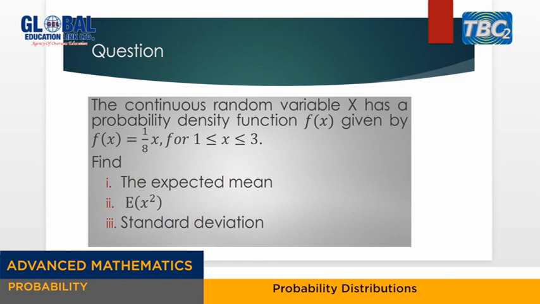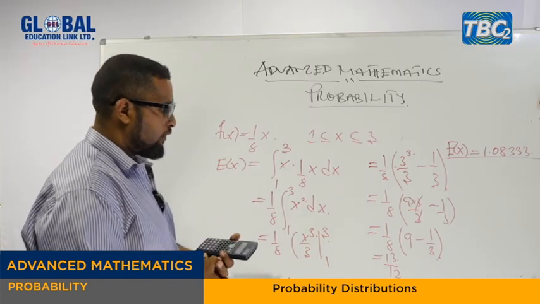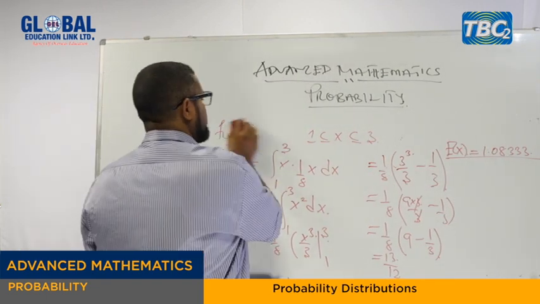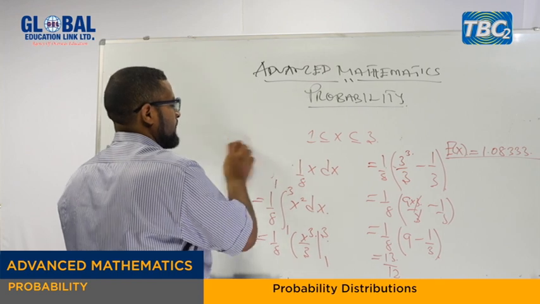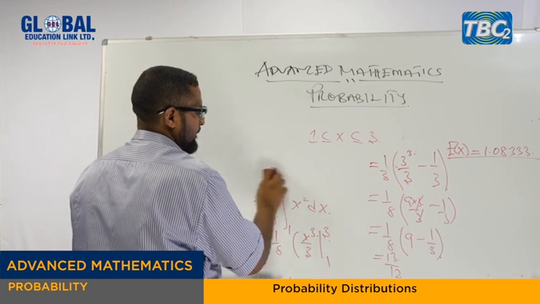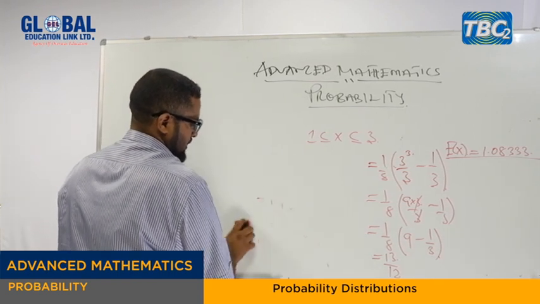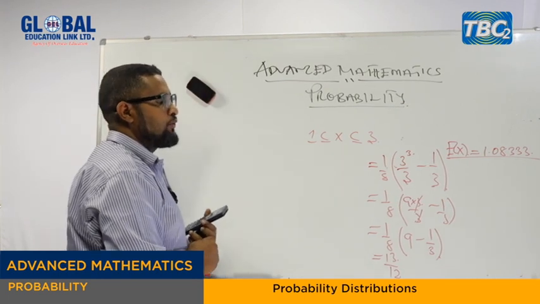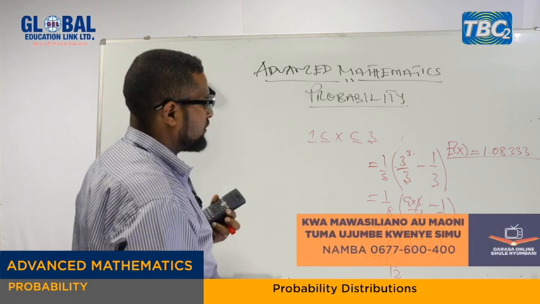So this is the expectation of variable x of our given function f of x equal to 1 over 8x. My dear student, we are asked also to find the expectation of variable x when it is squared. How are we supposed to do that? Again, you recall the formula for finding expectation when the variable is squared, using the same limit from 1 up to 3 inclusive.